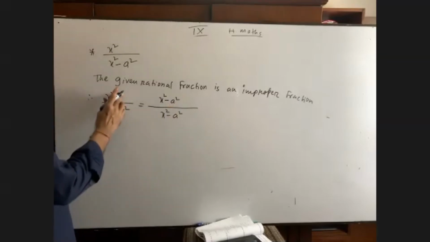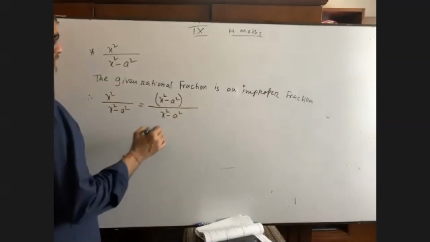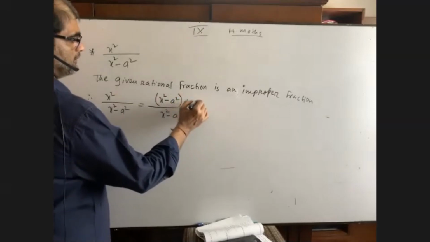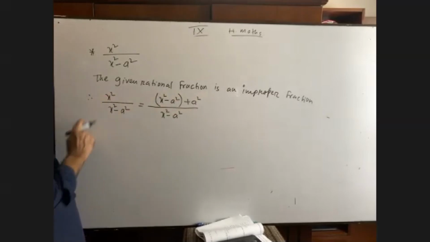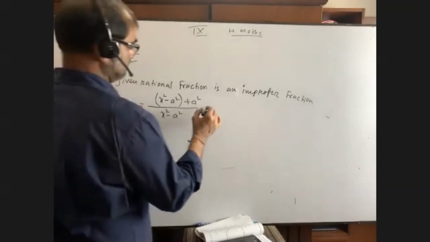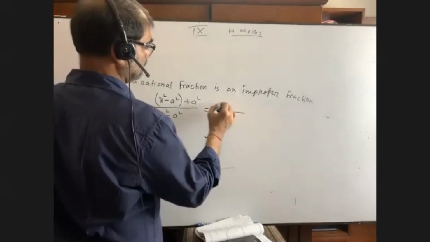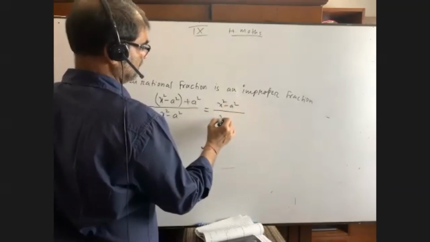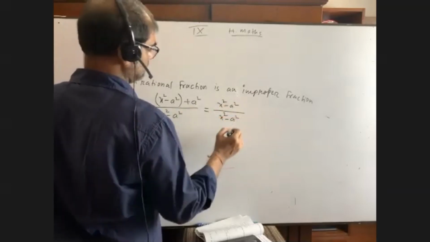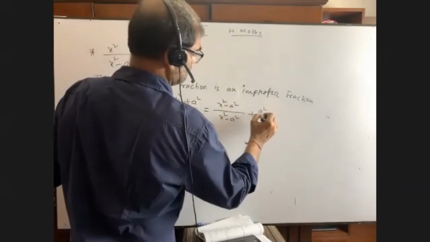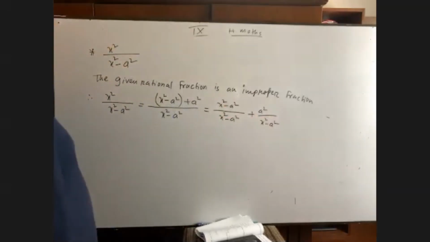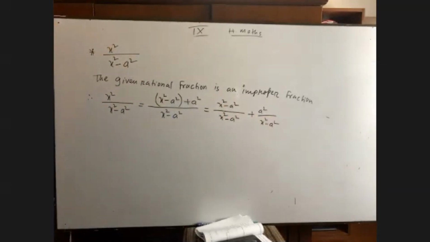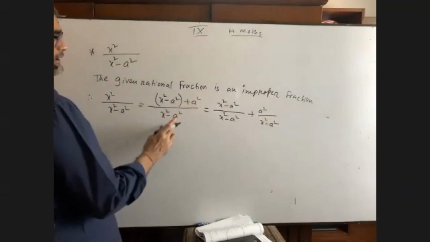So what else here? A square minus a square will vanish, so we'll get only x square. It is equal to x square minus a square by x square minus a square, plus a square by x square minus a square. Partial fraction, this by this plus this by this.